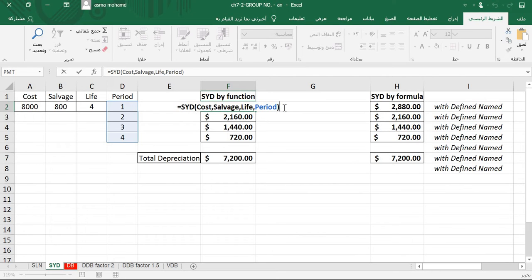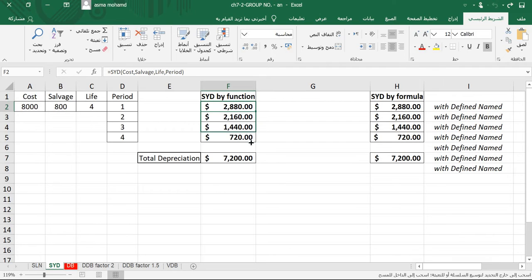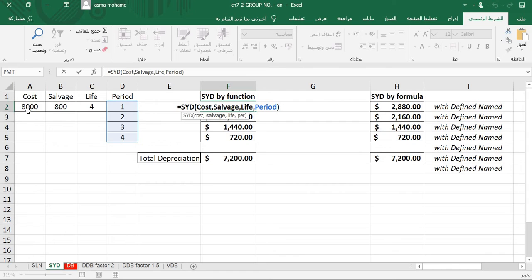Why do we need an absolute value here? When we drag it down, we don't want it to change. The cost is still in A2, the salvage is still in B2, and the life is still in C2. However, the period will change. That's why we name the range period.